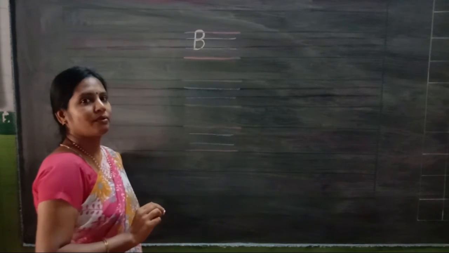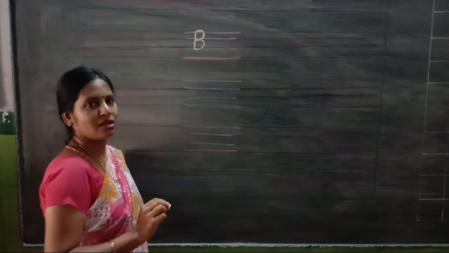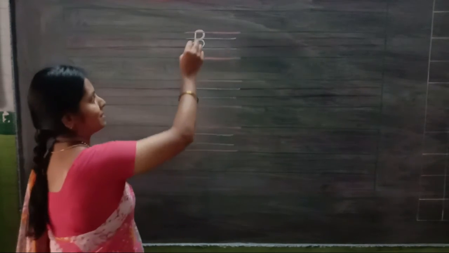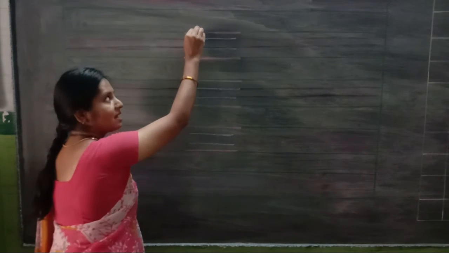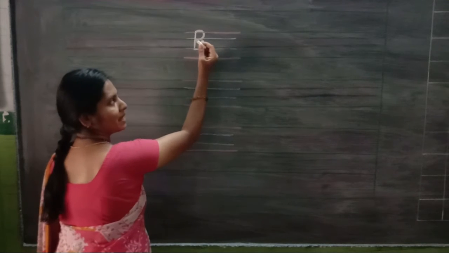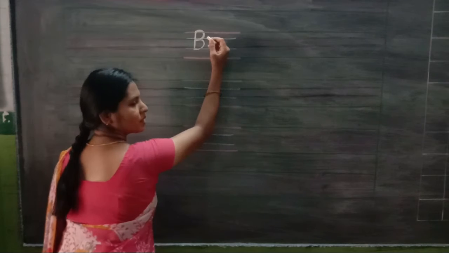Mama B. What do you say? Mama B as capital letter B. That is your big letter B. Okay, children? Once again, put a standing line, straight line. You must hold your pencil this way. Rest your hand on the book.